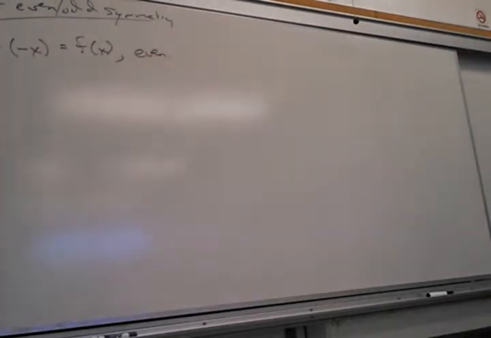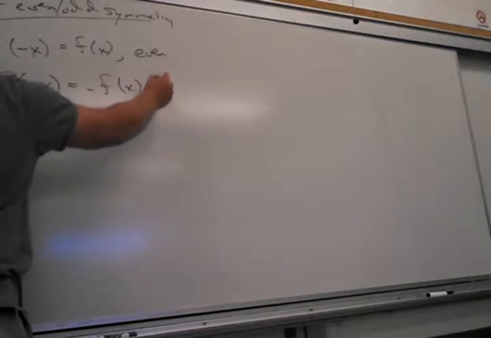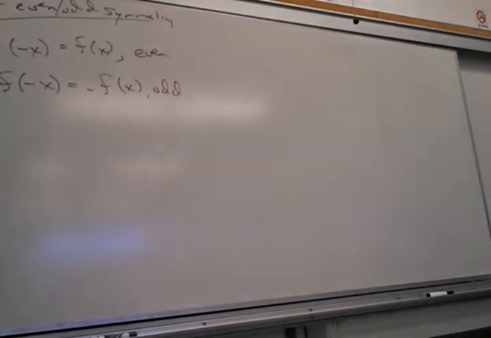Think about x squared, an even power. This is one way to remember even symmetry: 2 squared is 4, negative 2 squared is 4. When I plug a negative value in, I get the same thing as the positive value, even symmetry. If f of negative x equals negative f of x, odd symmetry.